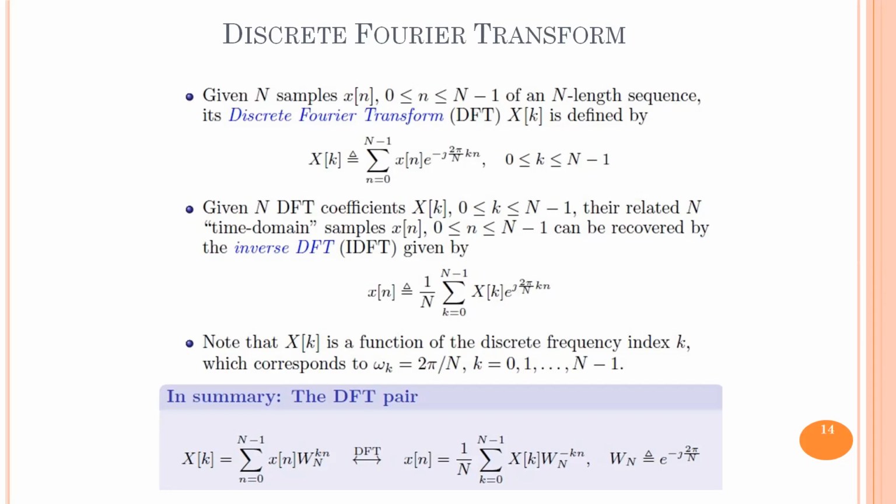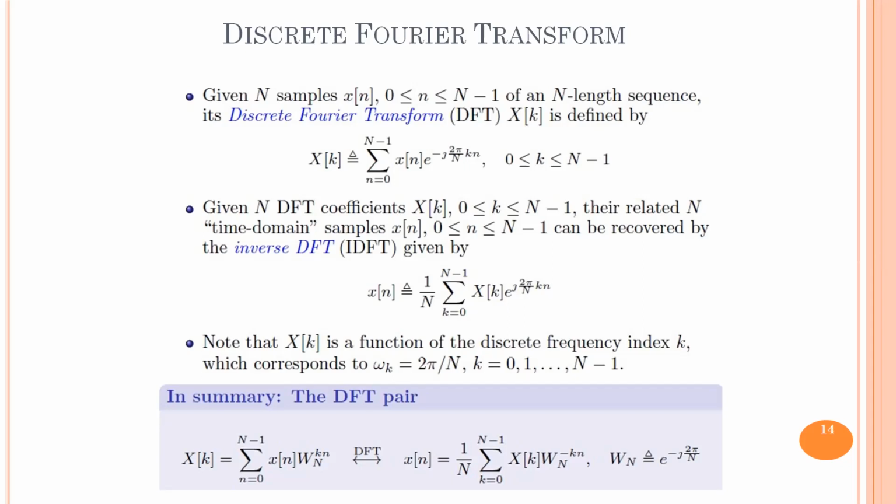Note that capital X(k) is a function of the discrete frequency index k, which corresponds to omega k, equivalent to 2 pi by N. So we are not only writing our discrete Fourier transform in terms of e power minus j 2 pi kn by capital N, we are replacing e power minus j 2 pi by N with the twiddle factor W suffix N. So we can rewrite these two formulas in terms of the twiddle factor.